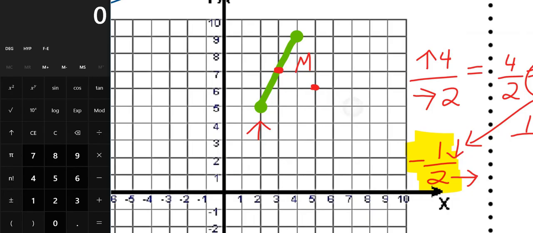Now I want to go in the other direction because I want to see where it crosses the y-axis. So if I put the negative in the denominator, then my positive 1 says go up 1, and the 2 being negative says go to the left 2, because left is a negative movement. So up 1, left 2, and I'm going to connect these points.